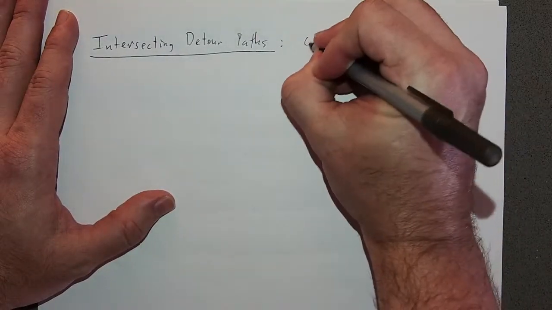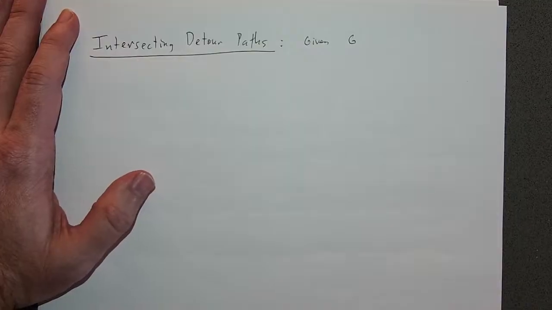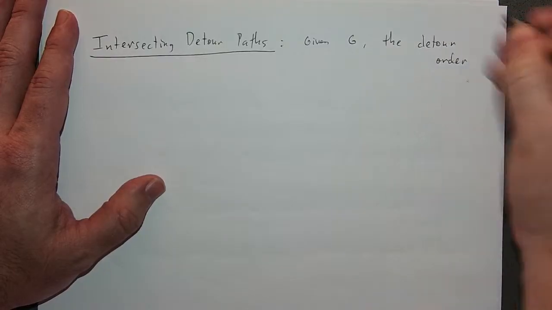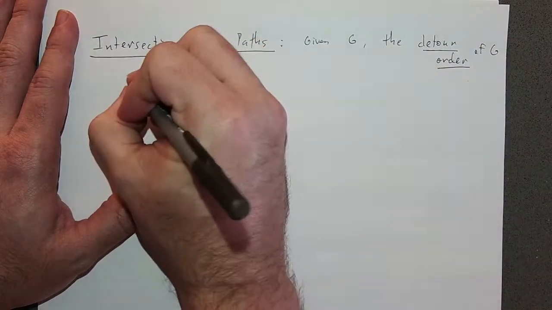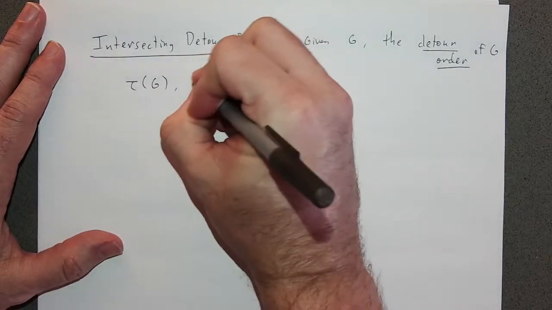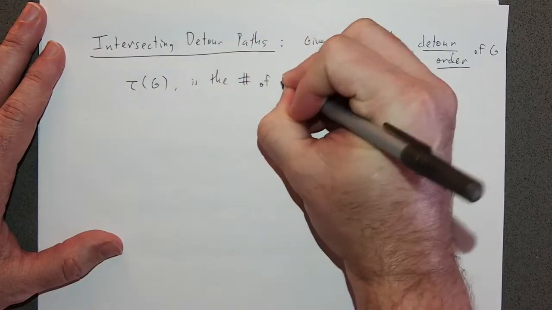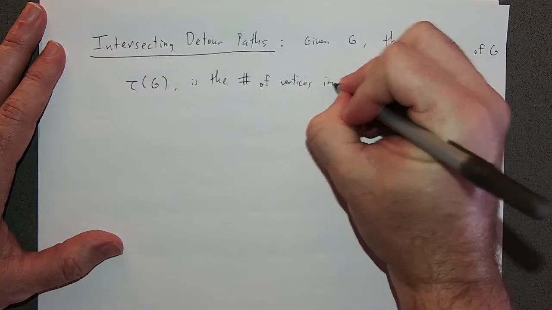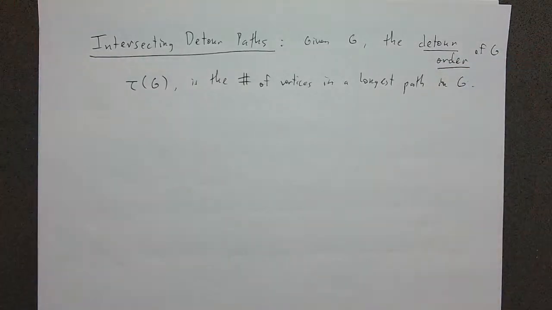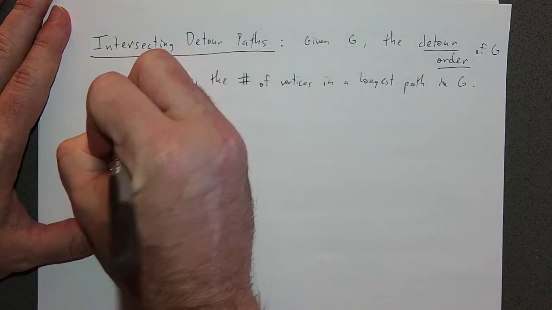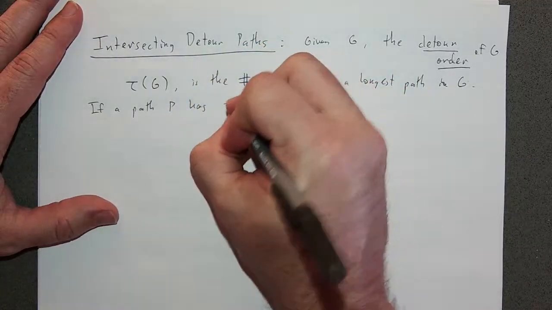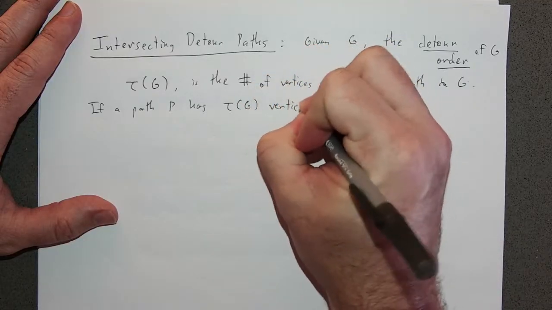So given a graph G, the detour order of G, which we are going to denote tau of G, is the number of vertices in a longest path in G. If any path P has the same number of vertices in it, we call it a detour path.